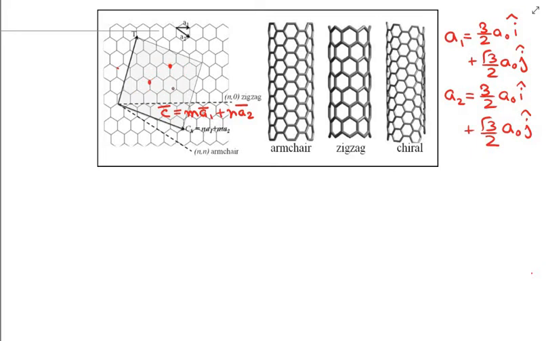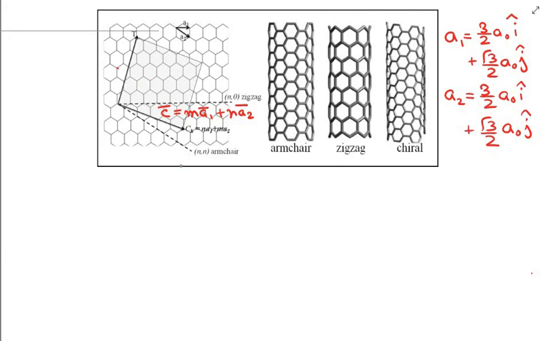So when I roll it up, I can connect this point and this point, or this point and this point, depending on the chiral vector along which I am forming the nanotube.